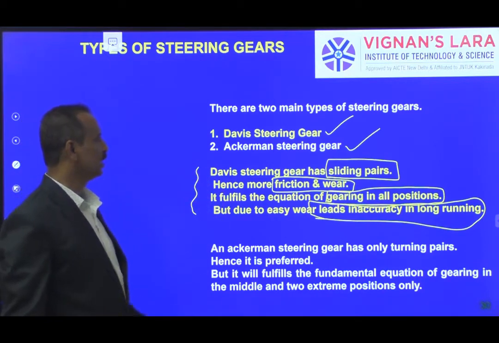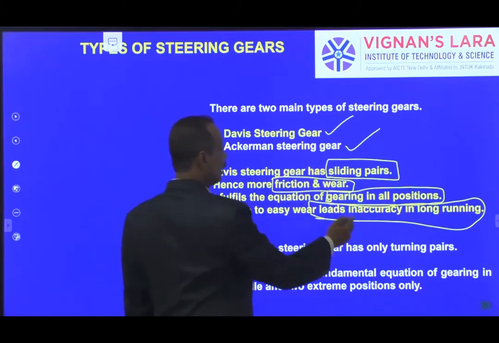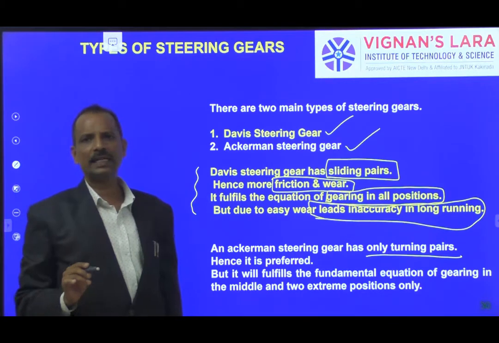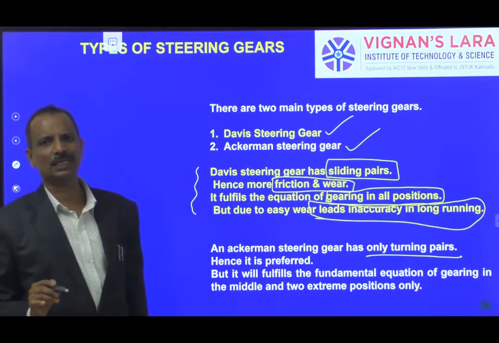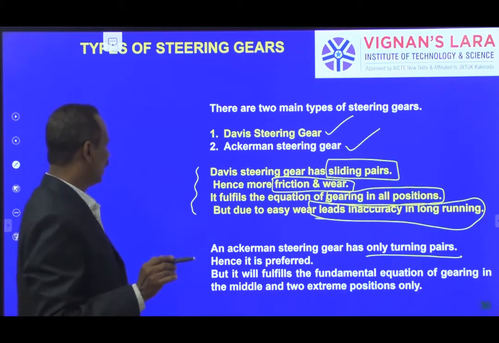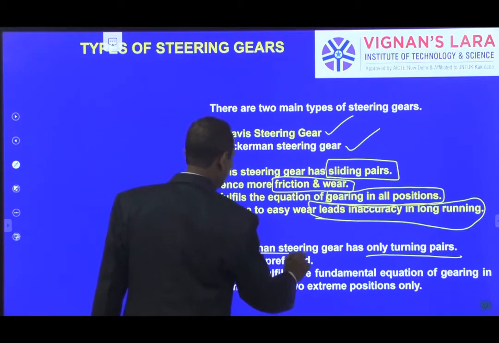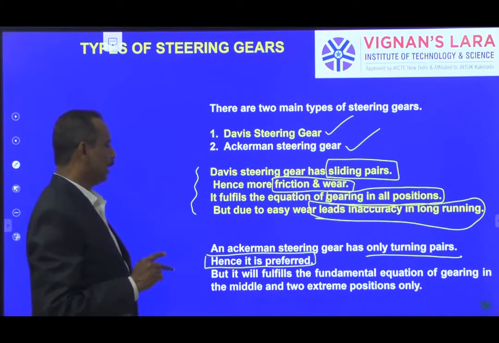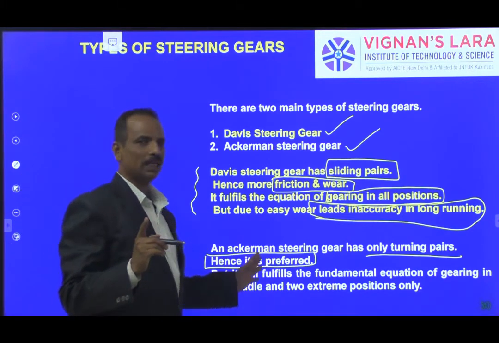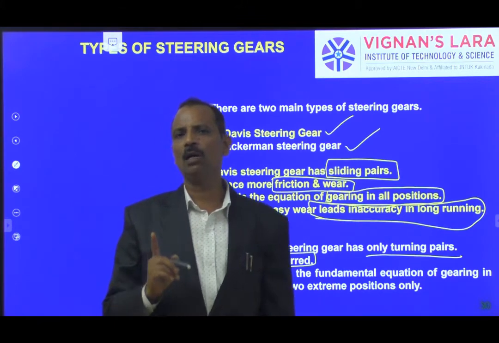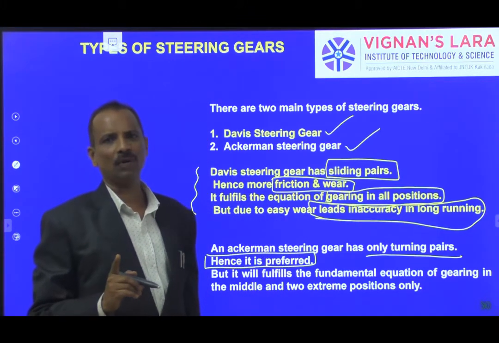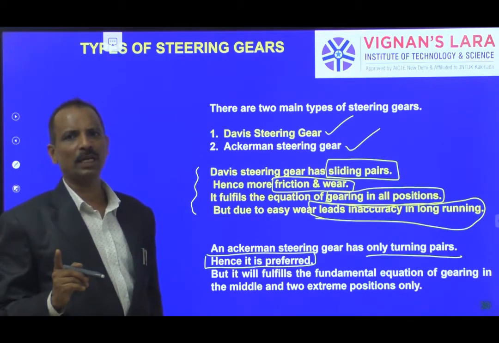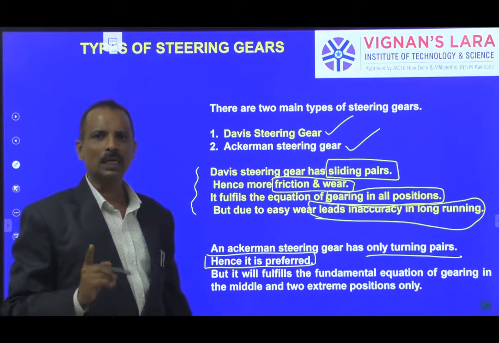Then what about the Ackermann steering gear? Here the sliding pairs are replaced by turning pairs. You have all turning pairs. When there is a turning pair, naturally the friction will be less and wear and tear is also less. That is why it is usually preferred, because you have less wear and less friction. The limitation is that it will not satisfy the law of steering gear, that is cot phi minus cot theta equals W by L, in all inclinations.